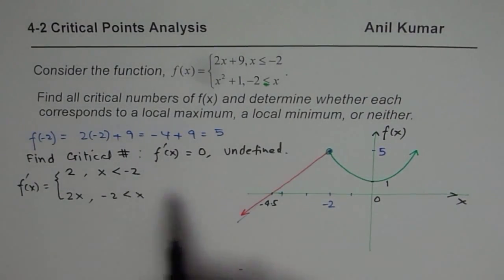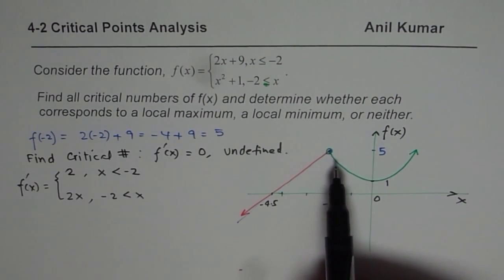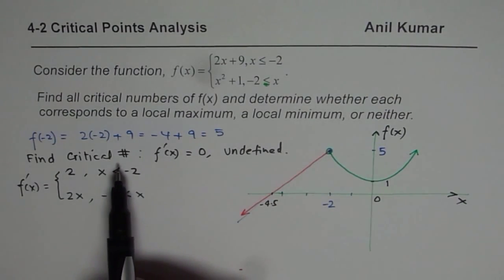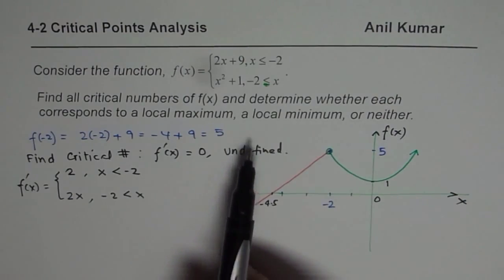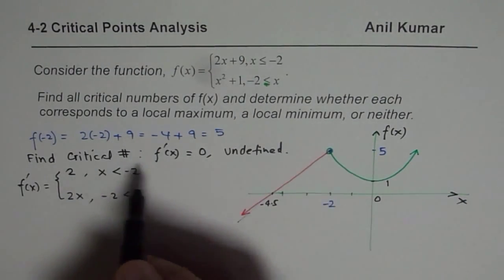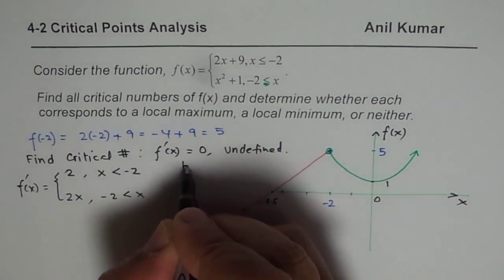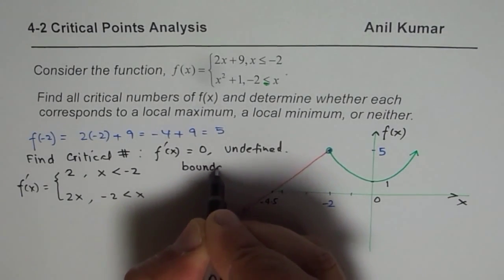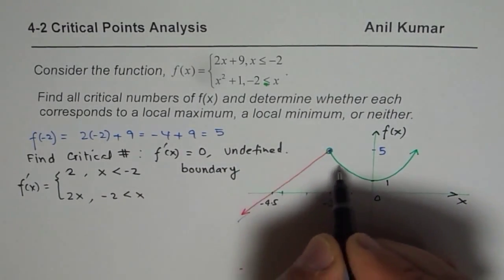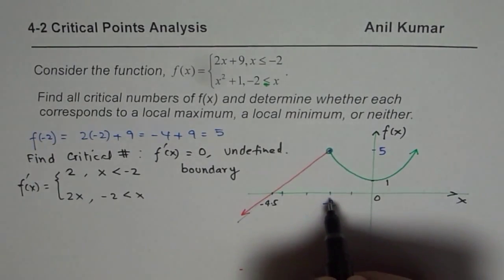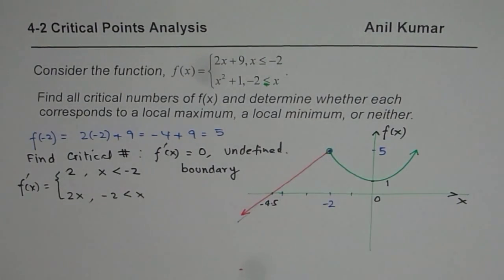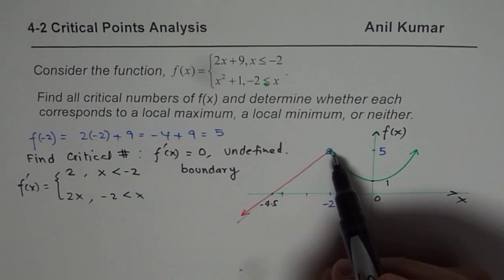Now at this point, you're joining these two. Critical numbers are also the numbers at the boundary. So we need to consider the boundary. The boundary condition here is x equals minus 2, and here you also see the derivative is undefined. Perfect.